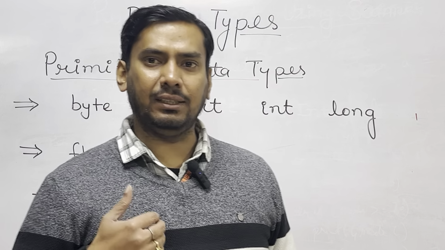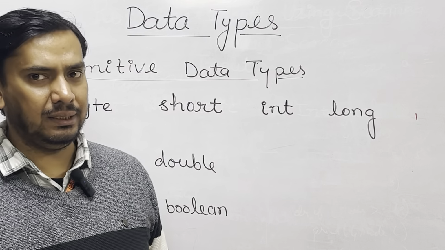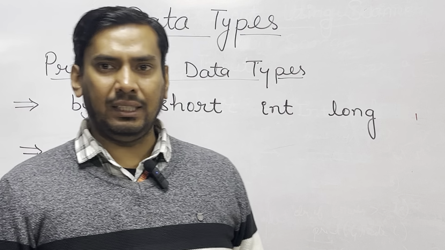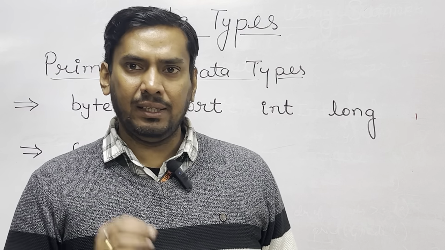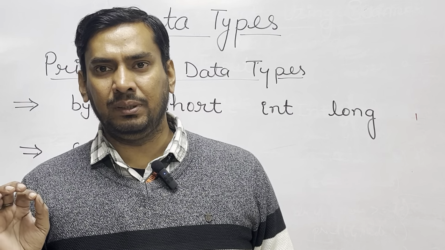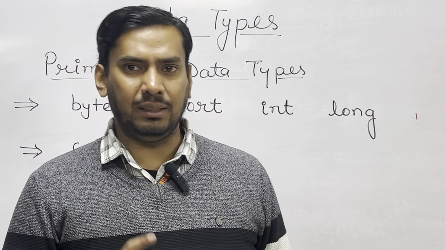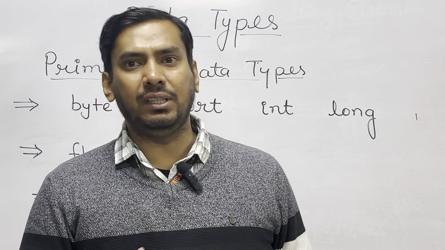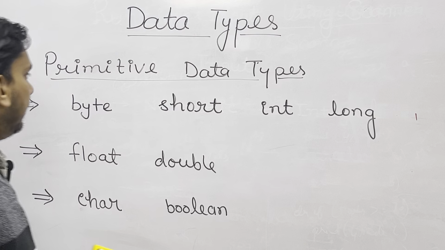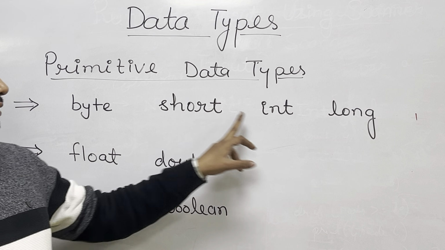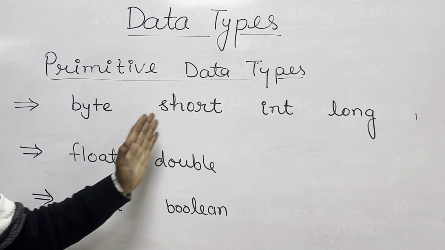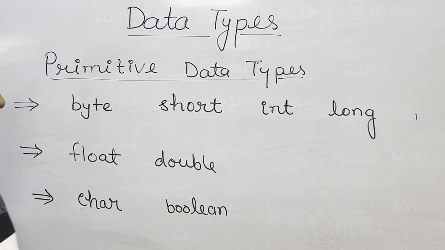When I say Java is a strongly typed language, it means whenever you create any variable or data member in Java, it must have a predefined type. You cannot create a variable or data member without specifying its type. So, for integer types byte, short, int and long, 4 choices are given to you. You can choose according to your requirement.